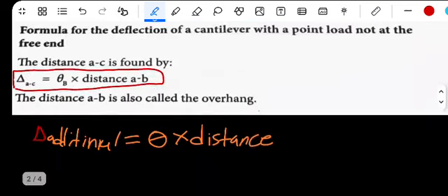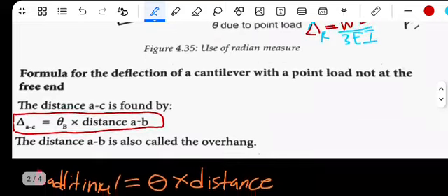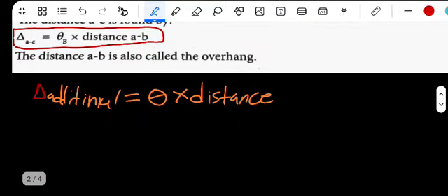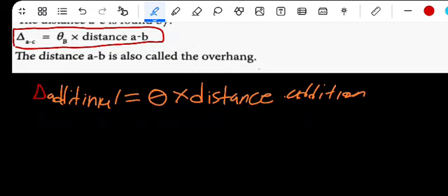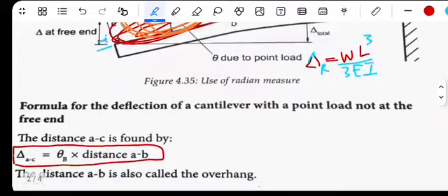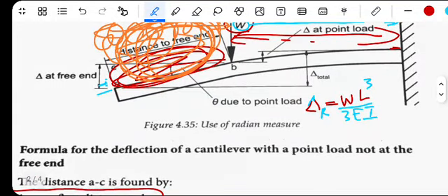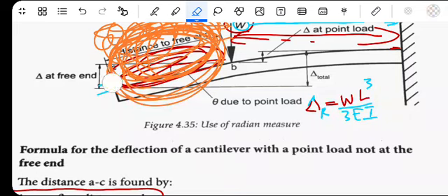However, when we are calculating the angle, remember the slope theta, this length is additional, this will be the additional distance. Where is this distance, guys? From the point load to the left hand side. Are we together?